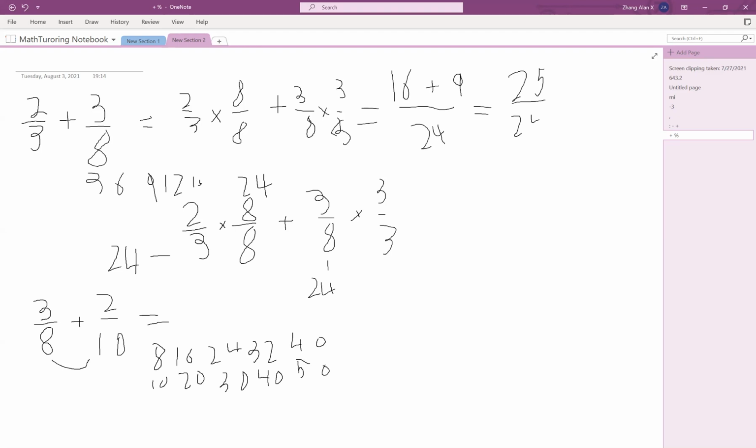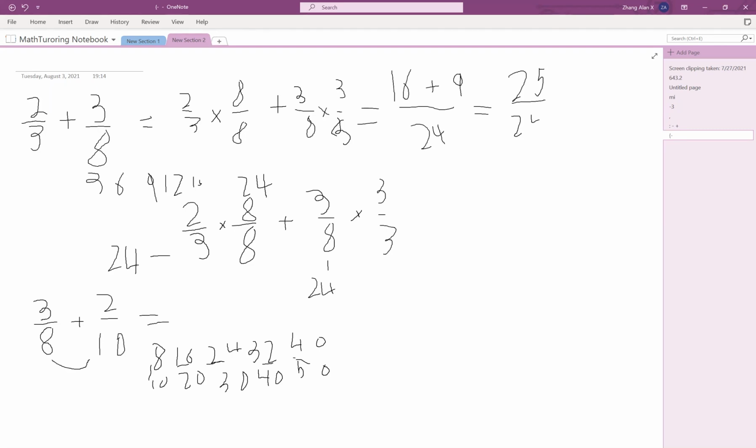Caitlin, can you tell me the least common multiple of these two numbers? So the least common multiple is the smallest multiple of 8 and 10. We have 16, 24, 32, 40.